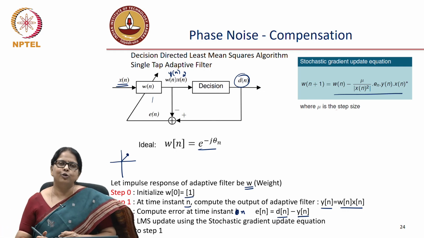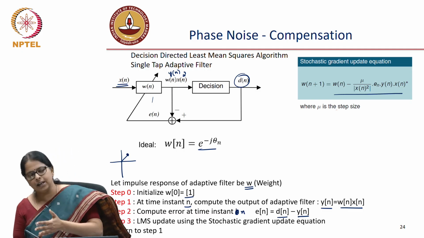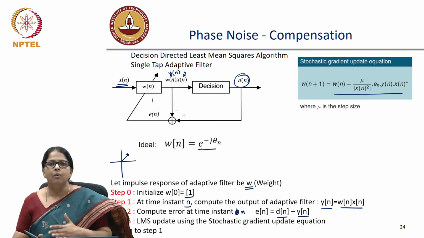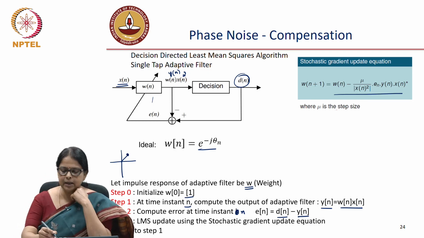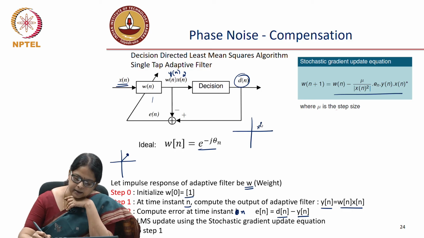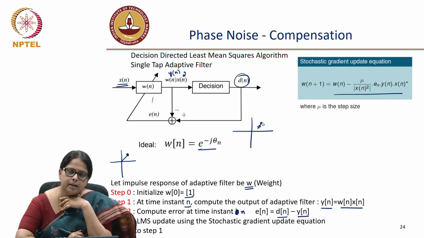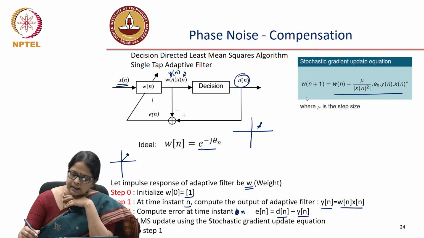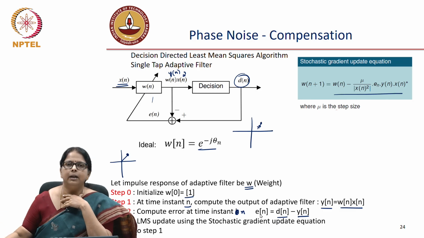So, you have to get out of the training phase and then you move to what is called the tracking phase, and in the tracking phase you compare only with the ideal constellation point. So, this d of n could be the nearest ideal constellation point. Suppose this is my received signal, I compare with the distance from my ideal constellation point, and that defines my e of n. So, this is how the algorithm works.